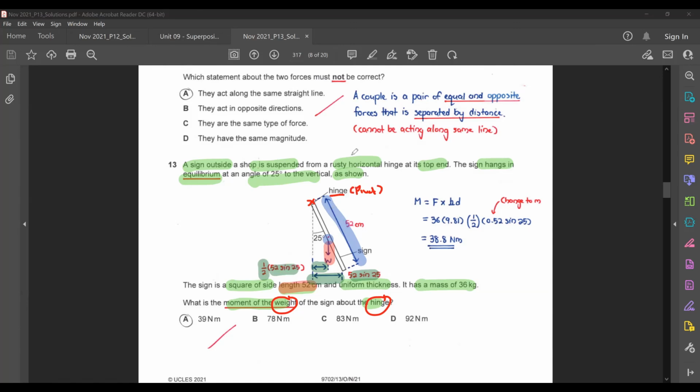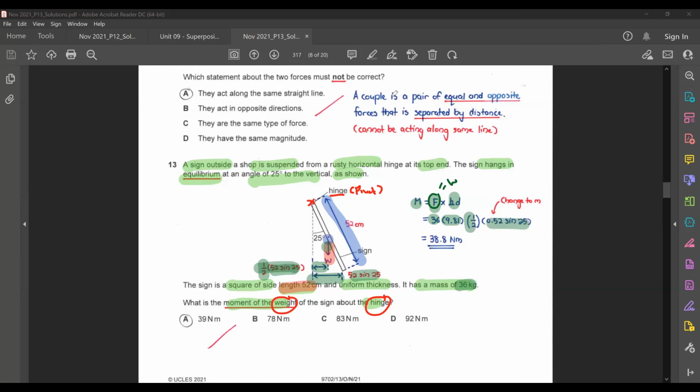Okay, so my moment caused by this weight is force times perpendicular distance. My force is my weight, which would be 36 times 9.81 because the mass is 36. But my perpendicular distance would be half of 52 sine 25.